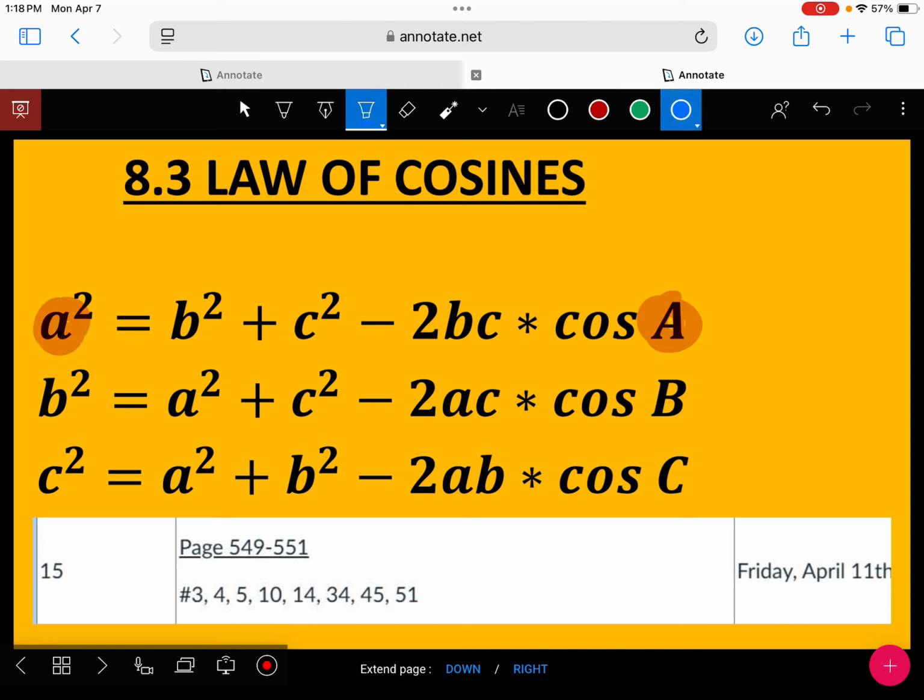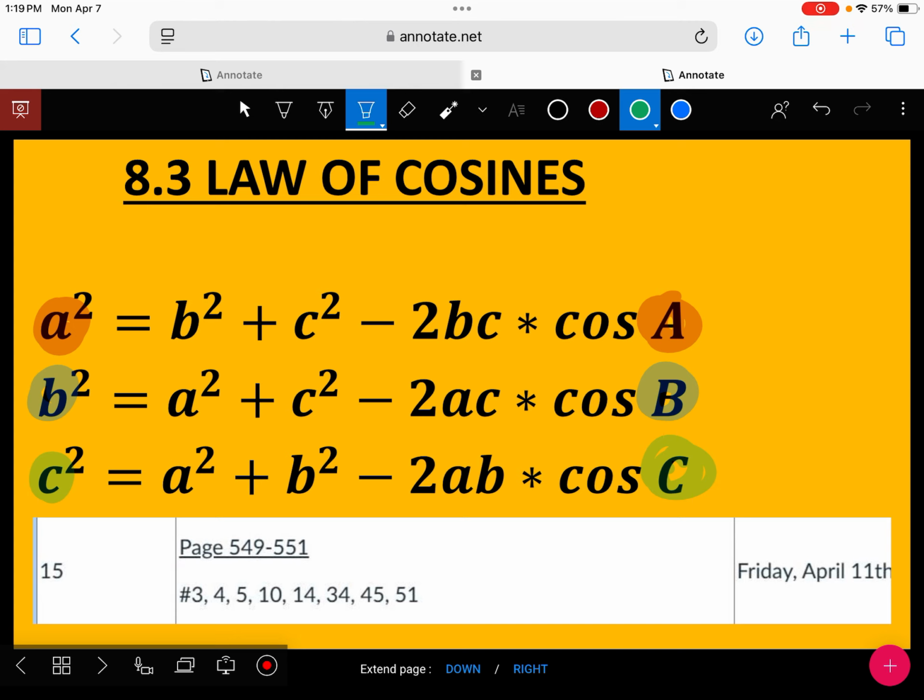So if I'm looking for a little b, I have to end with big B. If I'm looking for a little c, I have to end with the big C. This is the same formula, and I feel like it's confusing to write it 3 different times, but that's the way it's written in the book.